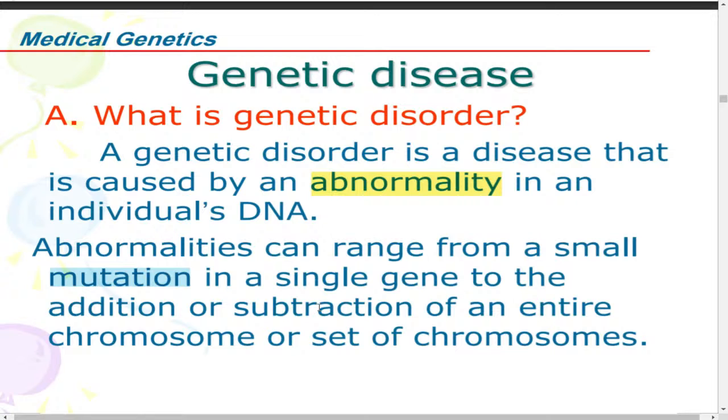And this subtraction and addition is also important in medical genetics. This is the abnormalities in genetic disorder. What are these abnormalities? These can range from a small mutation in a single gene to addition or subtraction of an entire chromosome or set of chromosomes.